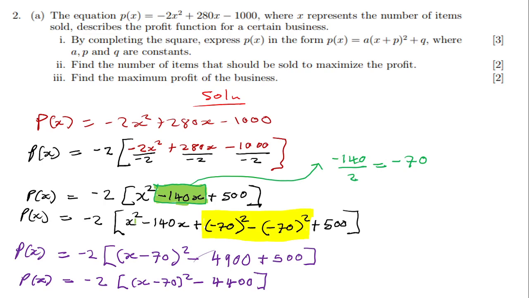That's why everything from x squared to negative 70 squared makes up x minus 70 bracket squared. That's why you have to show that step.